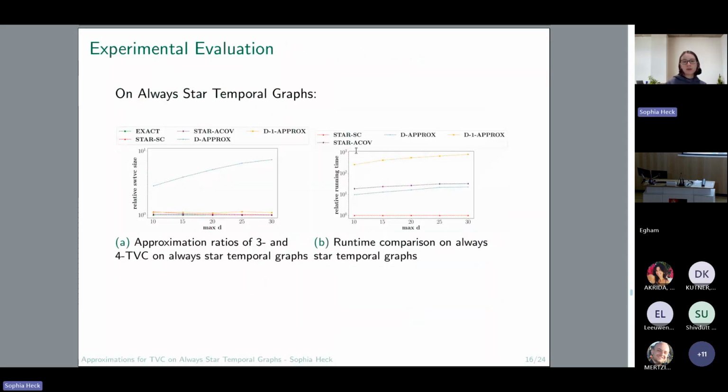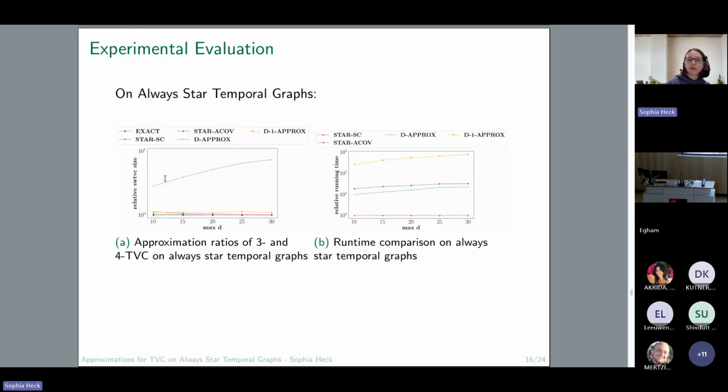So the question is now, how do these actually perform in practice? So what we did is we compared the exact, the star load coverage, the trivial star, and the D and D-1 approximations.